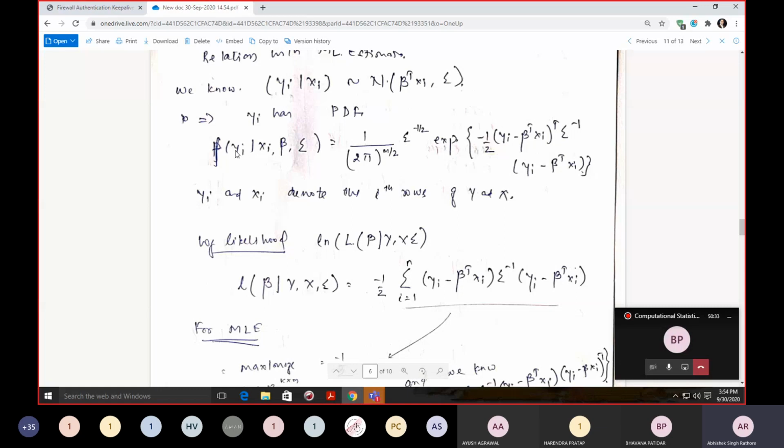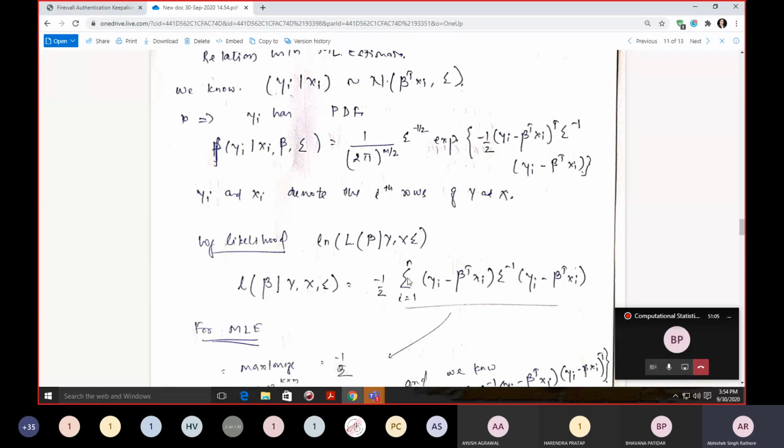So this is my parameter given data. This is the natural log of the likelihood of your data. I can write this log likelihood as a small l. Capital L reflects the likelihood, and small l reflects your log likelihood.